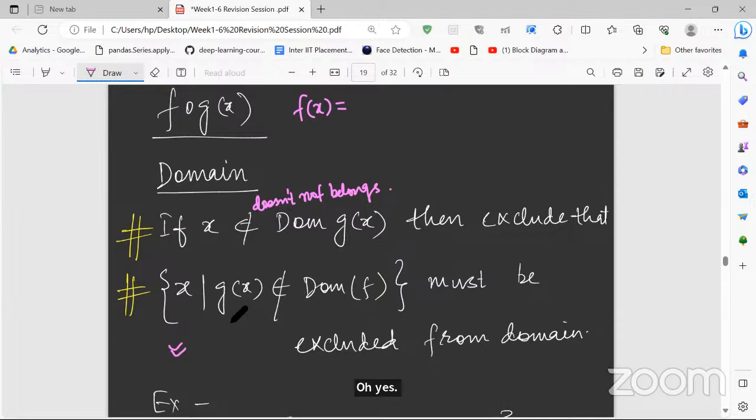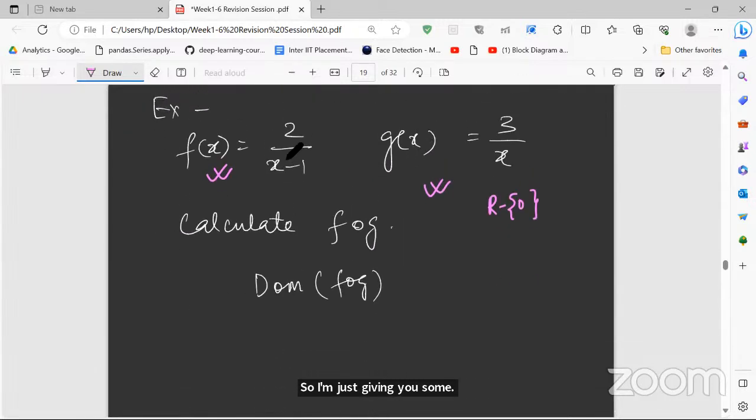And what are those values? Those x such that g(x) equals some value. Let me give you an example. Let's say this function is given. What value is not included in the domain of f(x)? One.